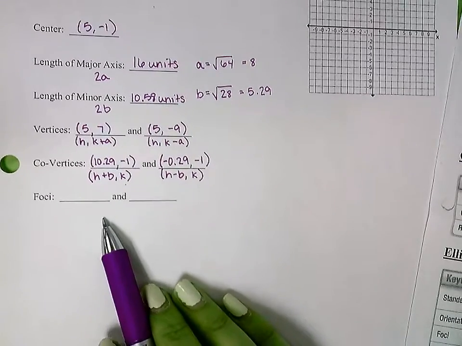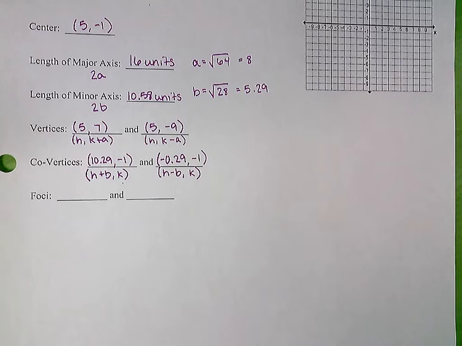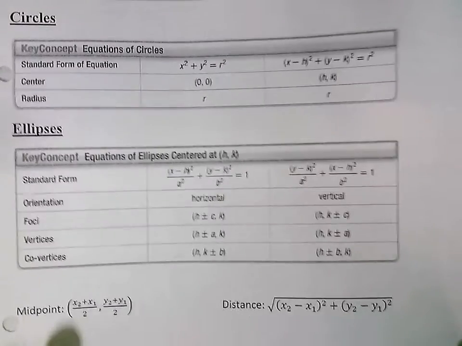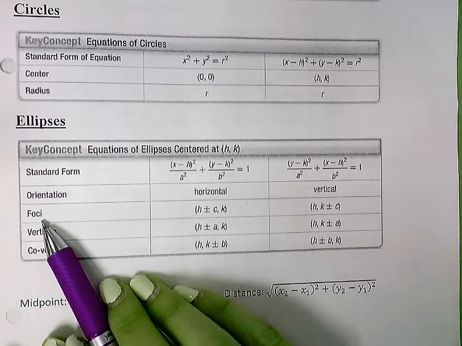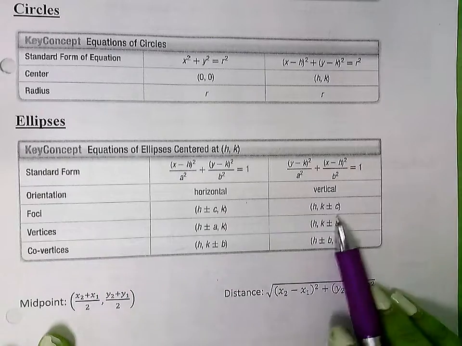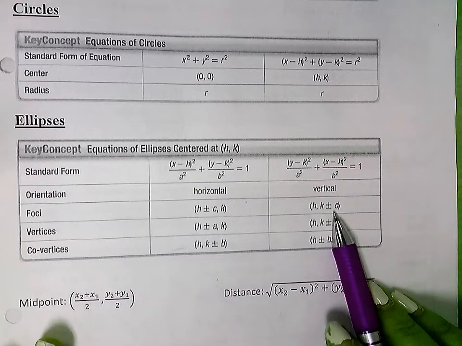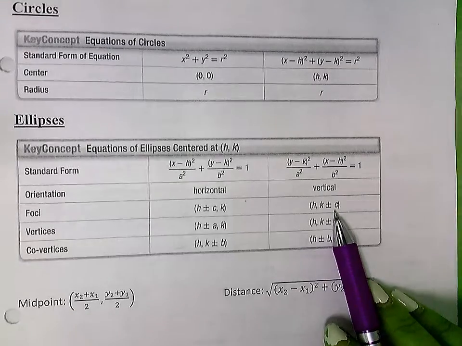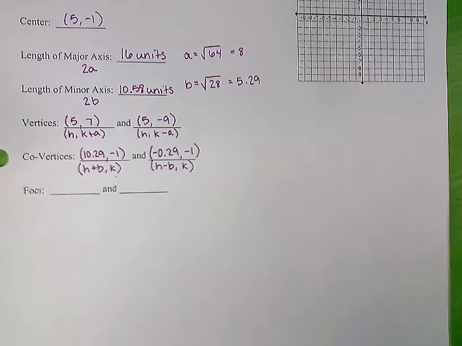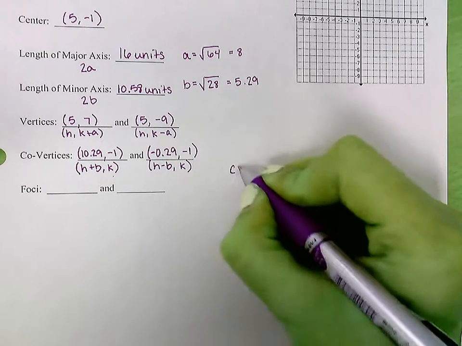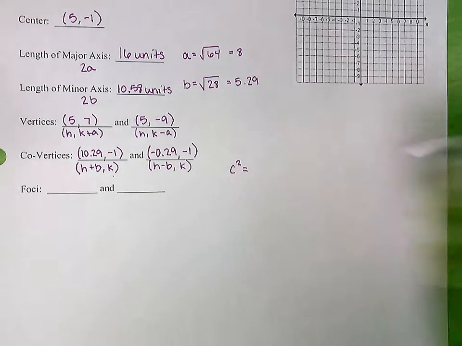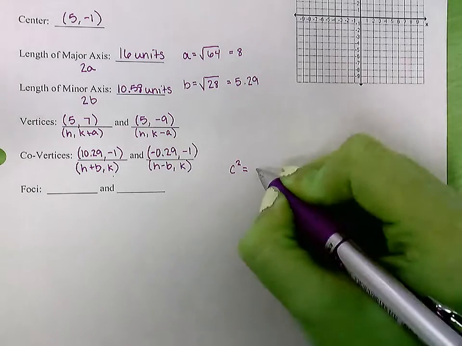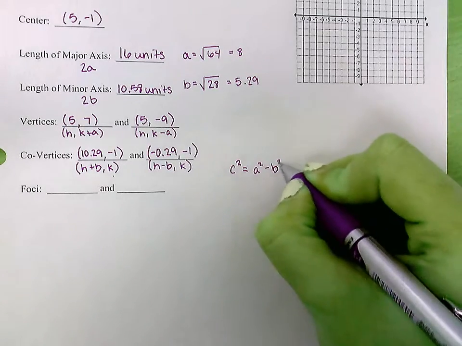So, last piece here, I want to find those foci points. If I look all the way across to that vertical ellipse, I need this c value to find that. To find your c value, you're going to say c squared is equal to a squared minus b squared.